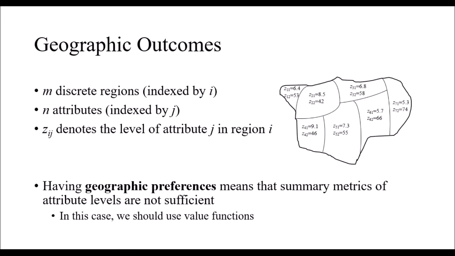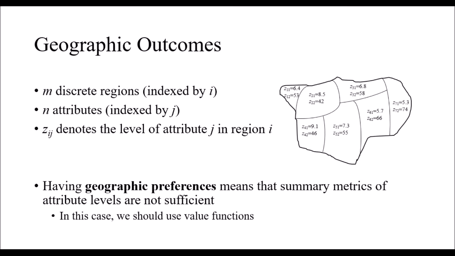What we mean by geographic preferences is that those summary metrics are not sufficient, that we care about the actual distributions of those attribute levels, meaning increasing it by 1 in one region and decreasing it by 1 somewhere else may change how we feel about that map, or how desirable that map is.